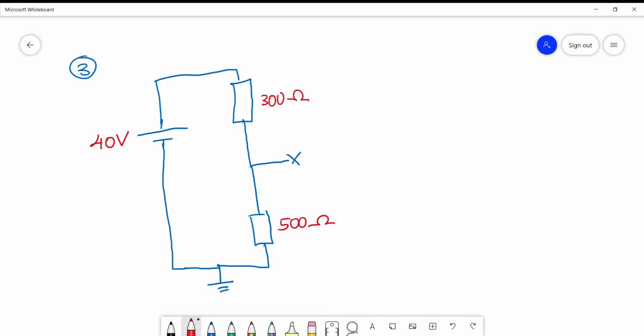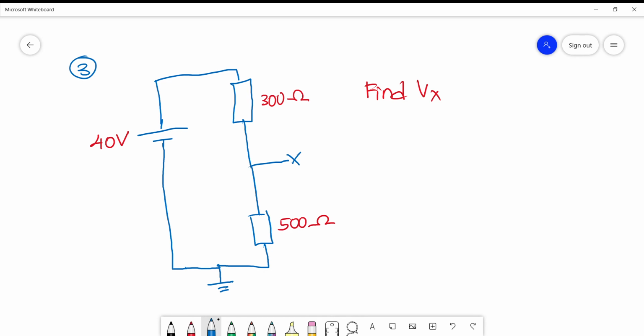Our question is asking for the electric potential at point X. Find Vx. Before that, we need to find the current that is flowing inside this circuit.